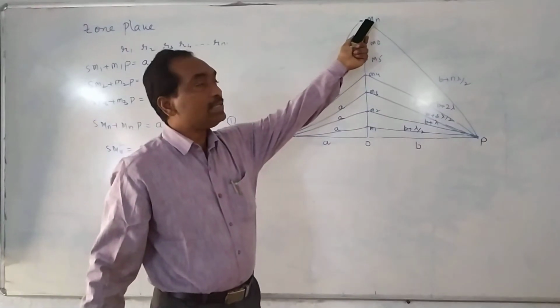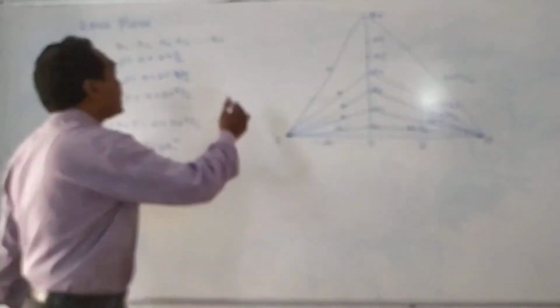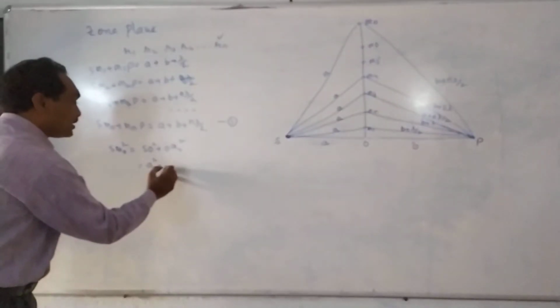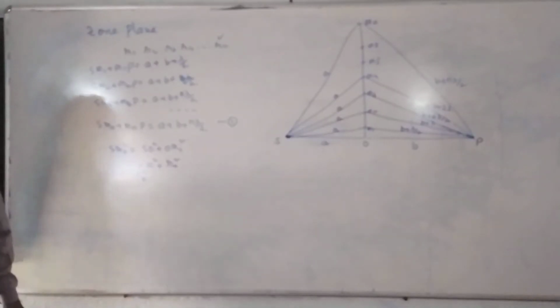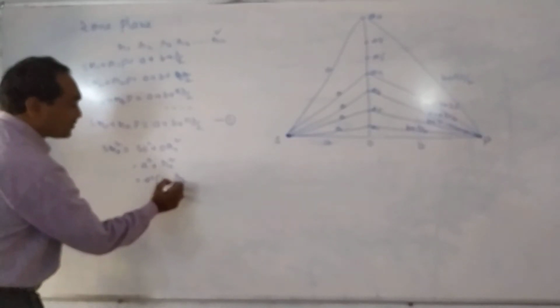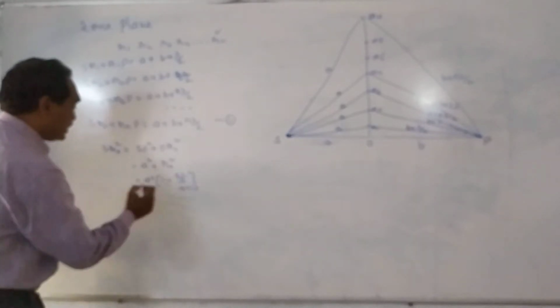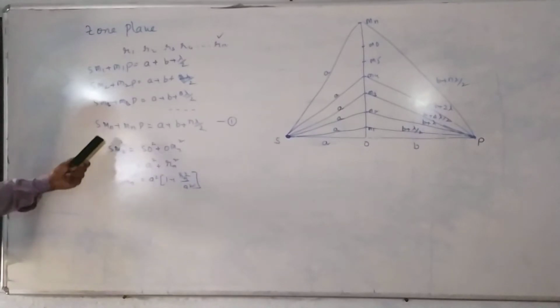OMn is the radius of the nth half period zone, which I told you is Rn, that is Rn square. When a square is taken as common, it is a square into 1 plus Rn square by a square. That is SMn square. But what we require is only SMn.